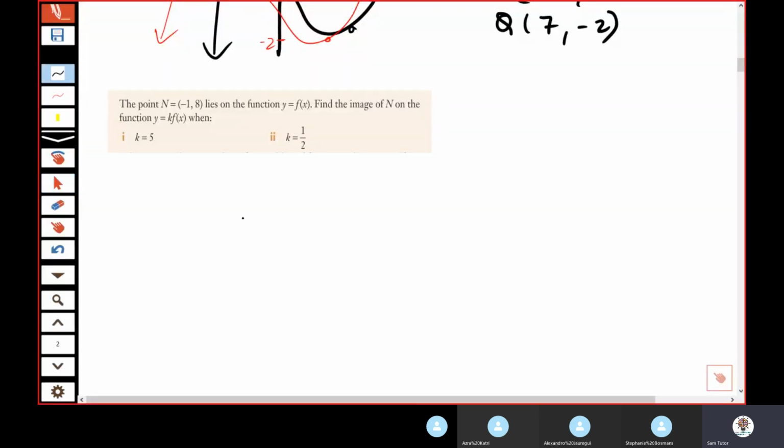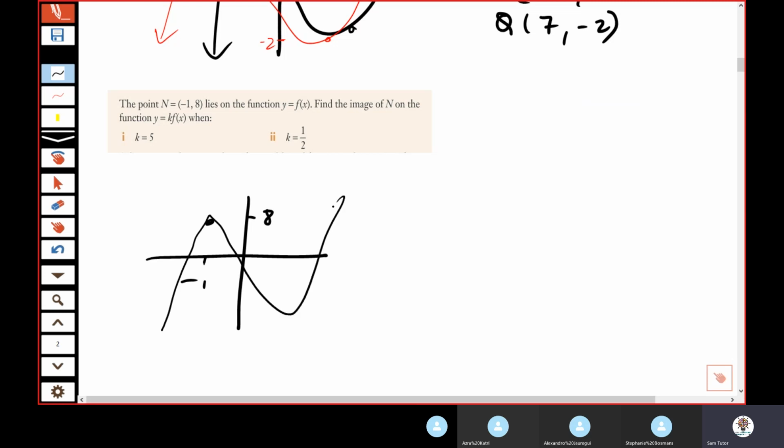The point n, -1, 8, lies on the function y equals f of x. Now find the image of n on the function y equals k f of x when k equals 5. All right, k times, so this becomes 5 times the original function.